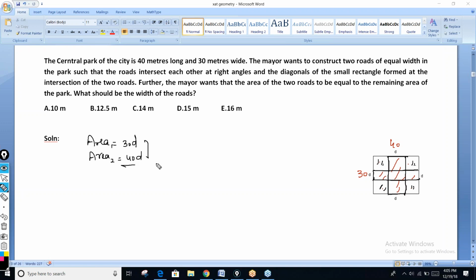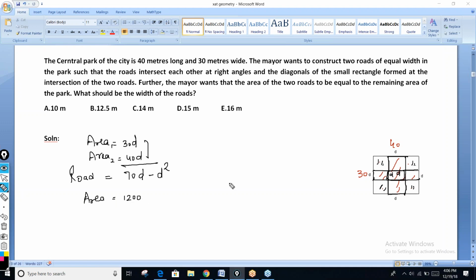So can I say it is 70D? No, I cannot say 70D because I have counted this area twice. What is that area? That is D and that is also D. So this D square has been counted twice. So we need to subtract that D square also. So that is the complete area of the road. That is 70D minus D square. And what is the complete area, guys? The complete area is 1200.